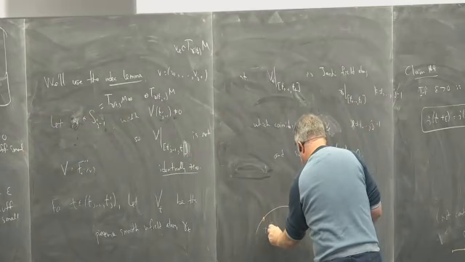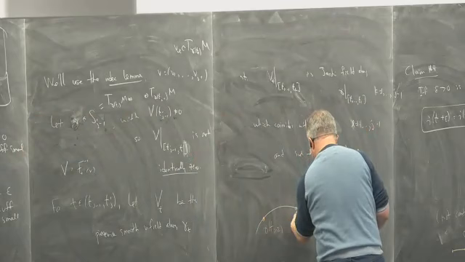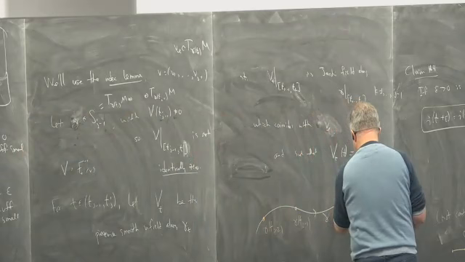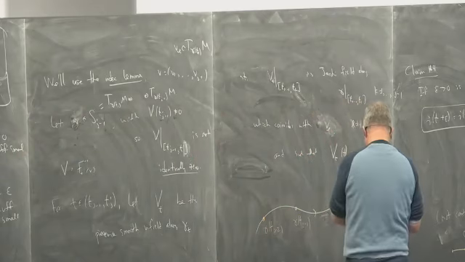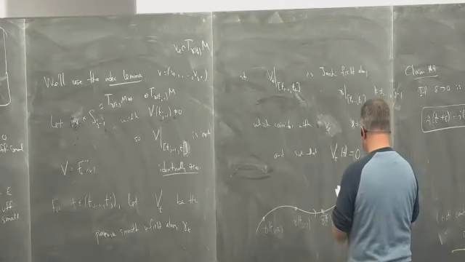This is gamma of Tj minus 2. This is gamma of Tj minus 1. Gamma of Tj. And then our point T is somewhere between Tj minus 1 and Tj.